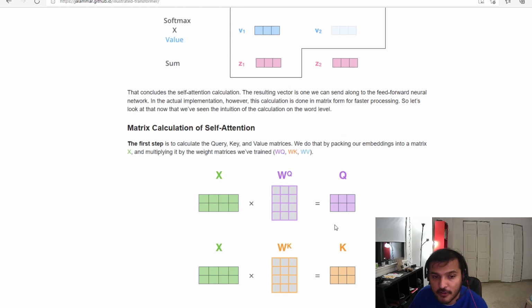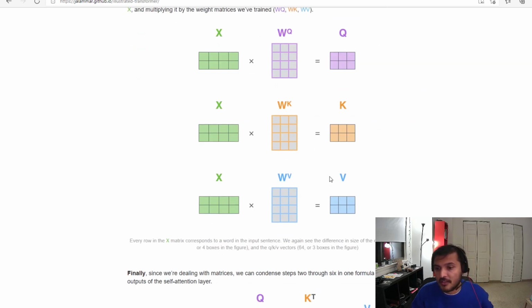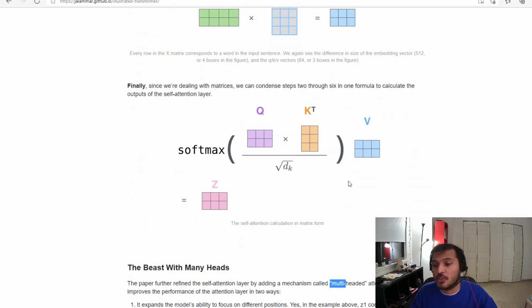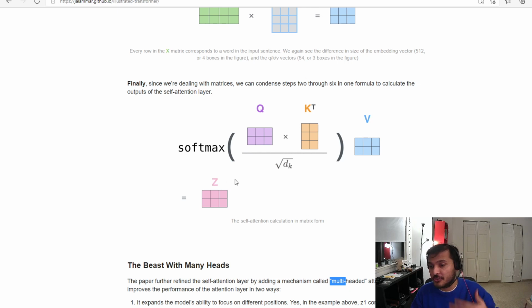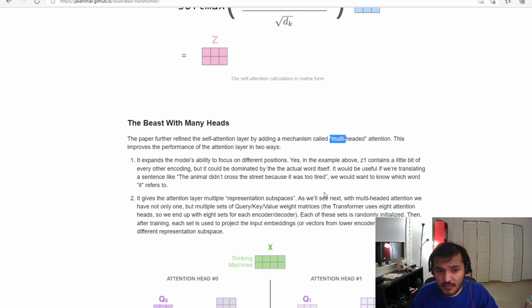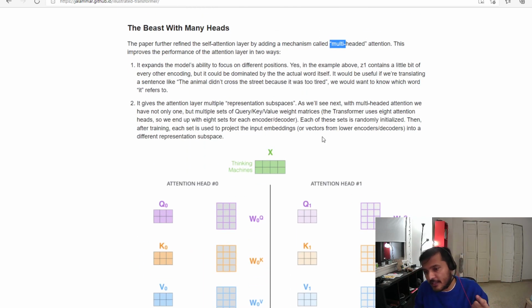So we would have multiple of these matrices generating Q1, Q2, Q3, K1, K2, K3, V1, V2, V3, which will generate Z1, Z2, Z3, which will all work independently, so they can be parallelized, and they will all generate different Z's. The idea is that maybe just one attention mechanism is not sufficient to learn the relation between words.